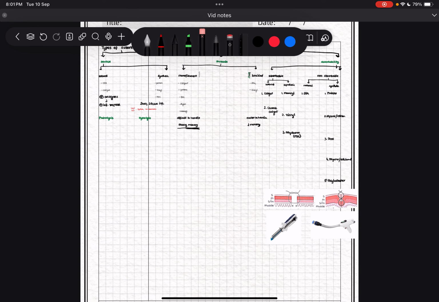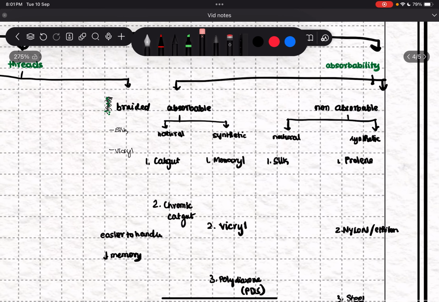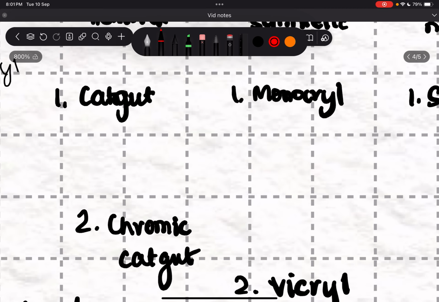And if we want to have a look at a few more details, let us go with the natural absorbable suture, which first one is catgut. It is derived from gut of not cat, it is sheep.